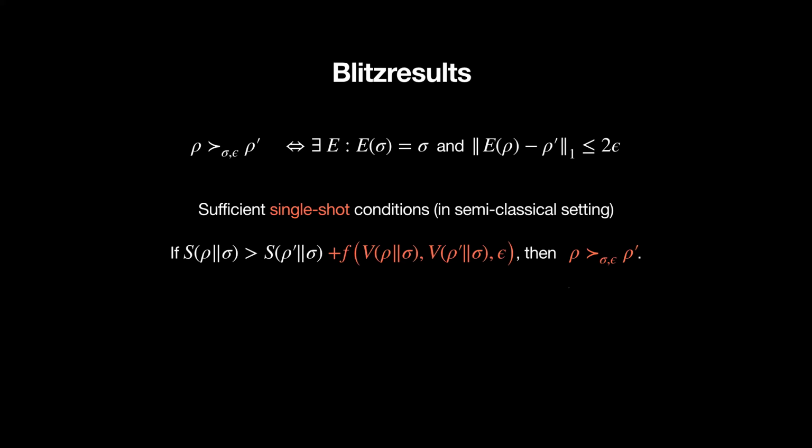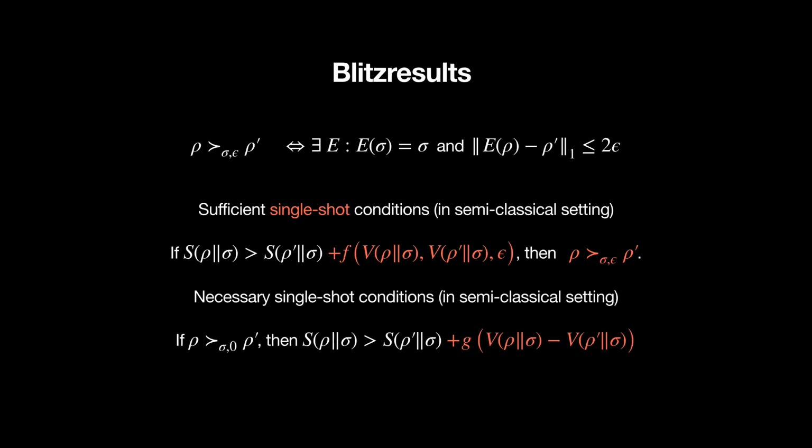This condition is sufficient for the existence of the state transition in a single shot setting. This function is 0 or small whenever the first 2 arguments are small, showing that states with small variance and transitions between them are essentially already governed by the relative entropy at the single shot level.